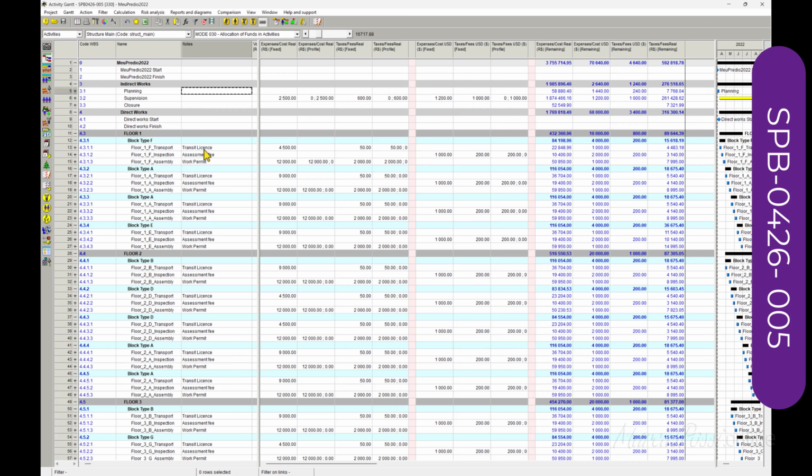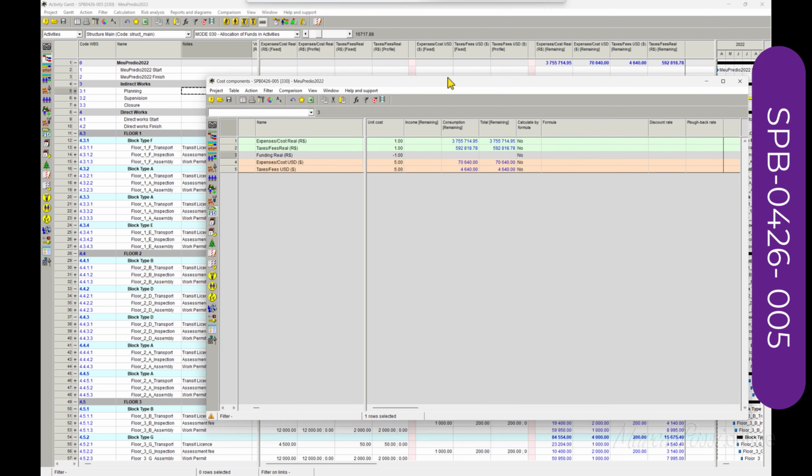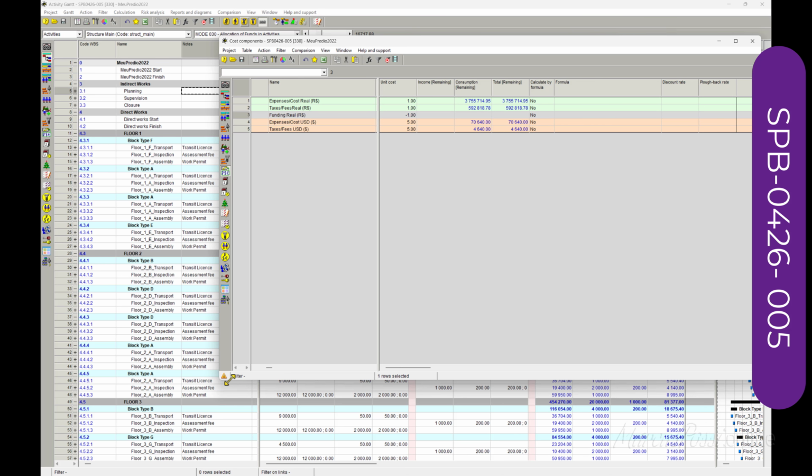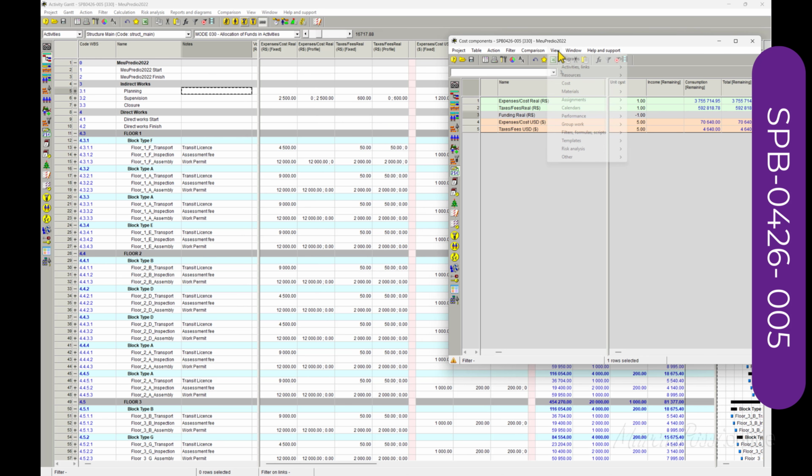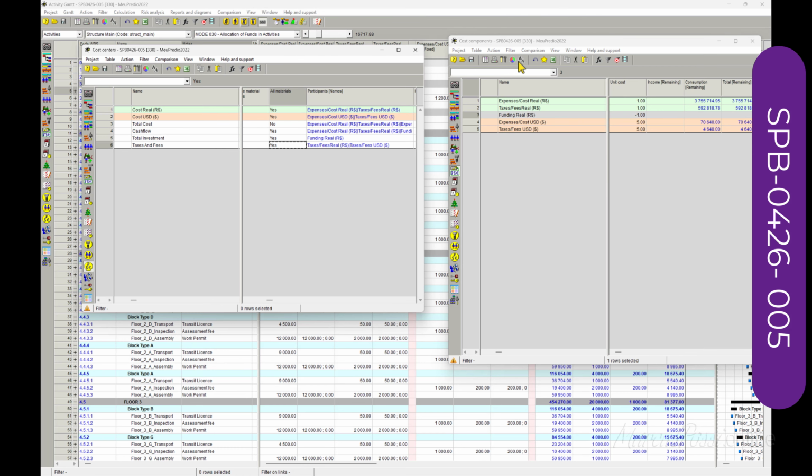View cost components with the control key pressed, and view cost centers with the control key pressed. We have the two tables side by side.